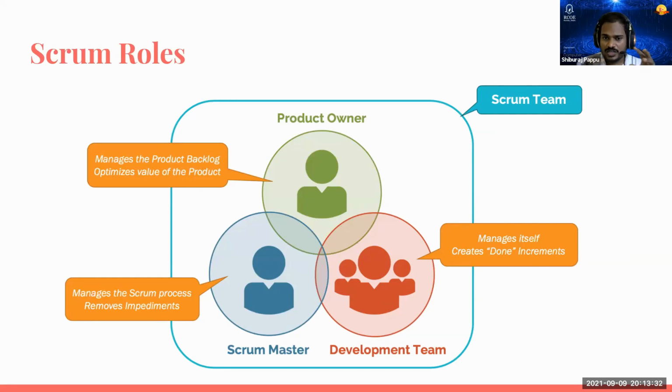This is a person who has direct interaction with the customer. For example, if I am building a software for a particular friend and I am in direct contact with him, then I am the product owner, because he has explained to me what he needs, so I know everything about the product.